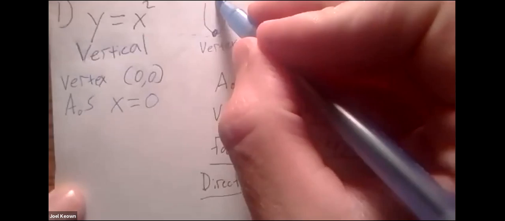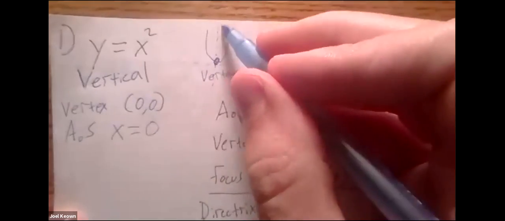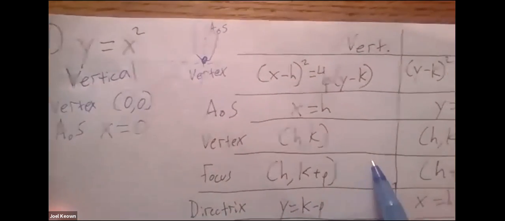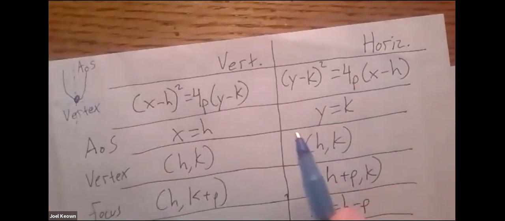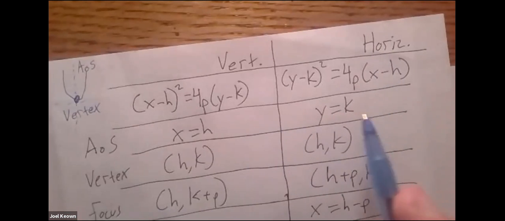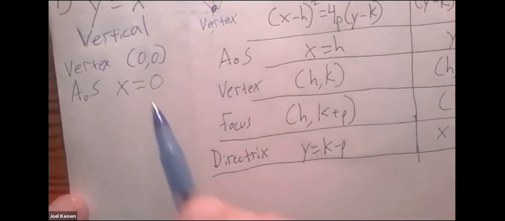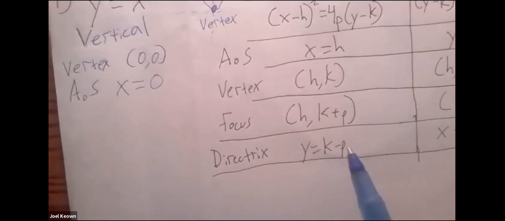Axis of symmetry is this vertical line that goes down the middle of my parabola that divides it in half. If it's a vertical parabola, I'm going to have a vertical line. So that right there is my axis of symmetry. If it's a horizontal parabola, my axis of symmetry is going to be a horizontal one. All right, so there's our vertex, our axis of symmetry.